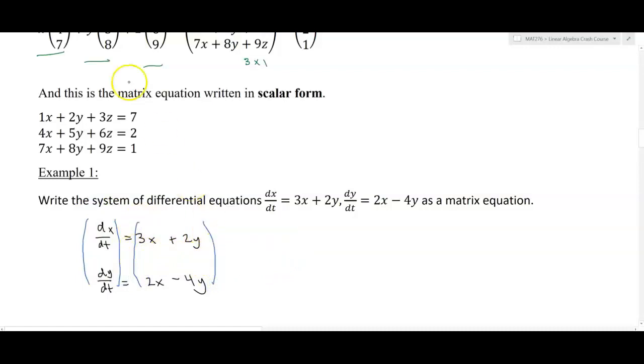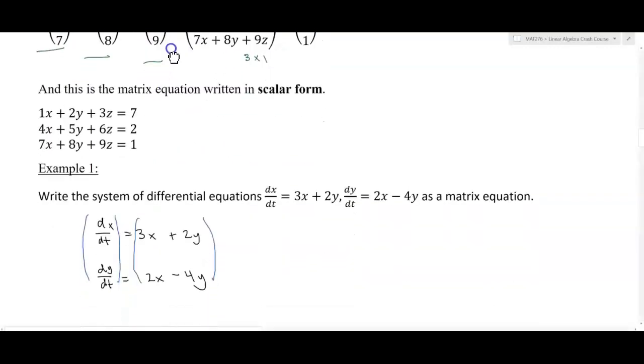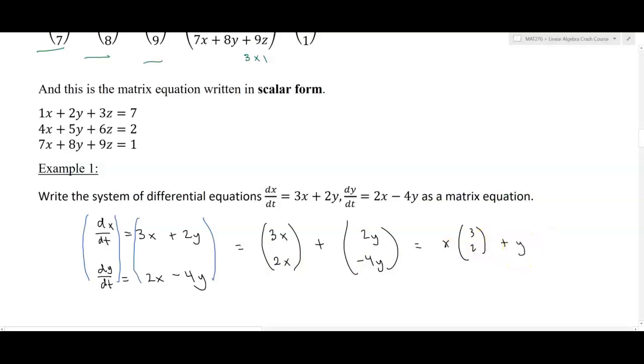Now, again working in complete reverse, we can split this apart into the vector 3x, 2x, plus the vector 2y, negative 4y. And then we can factor out an x from the first vector and a y from the second vector.